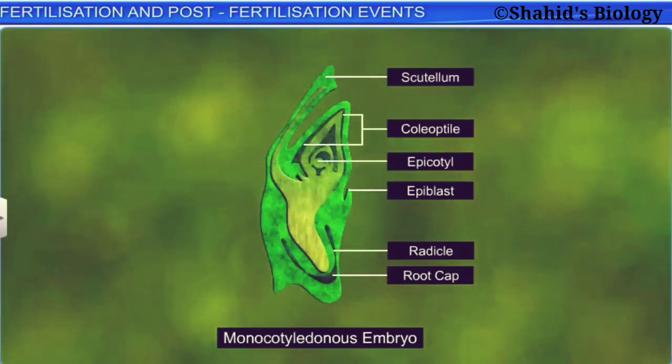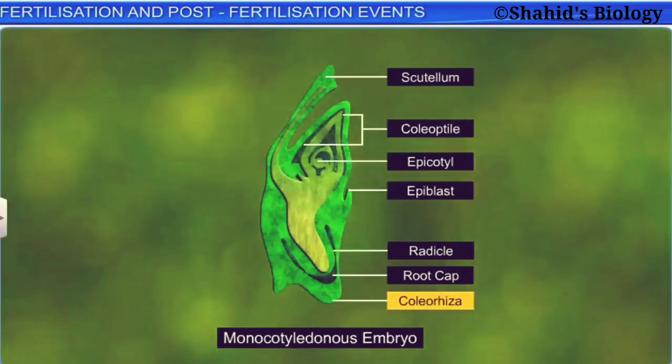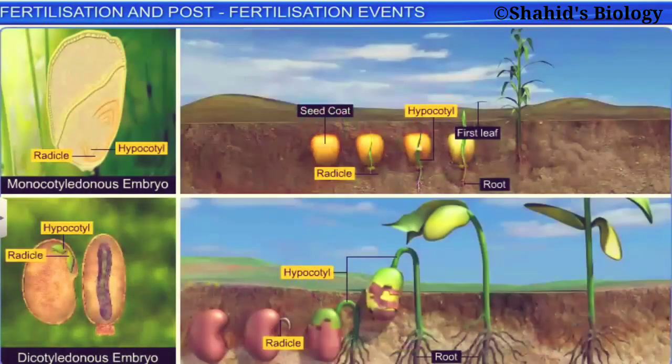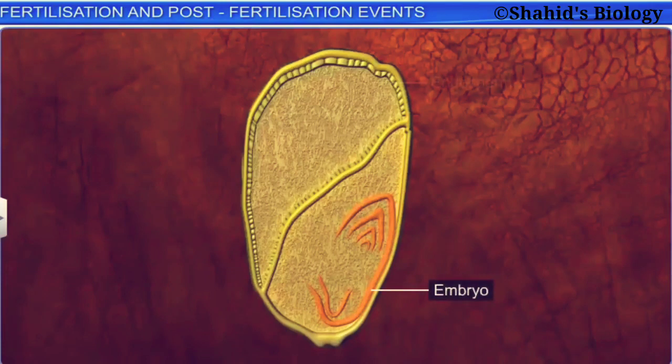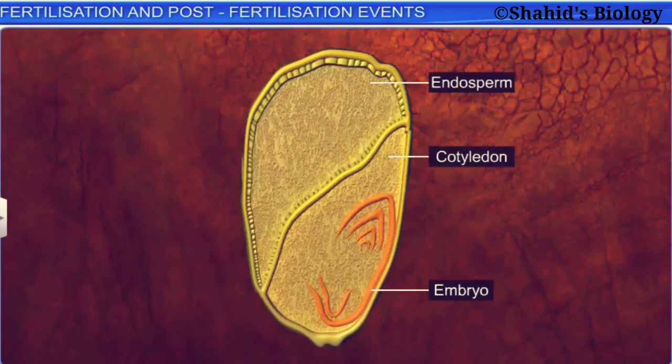The lower end of the embryonal axis has the radicle and root cap covered in an undifferentiated sheath called the coleorhiza. Interestingly, the various parts of the embryo develop differently as the seed germinates. In this manner, the embryo, as well as endosperm, develops from the zygote and primary endosperm cell after fertilization has taken place in flowering plants.